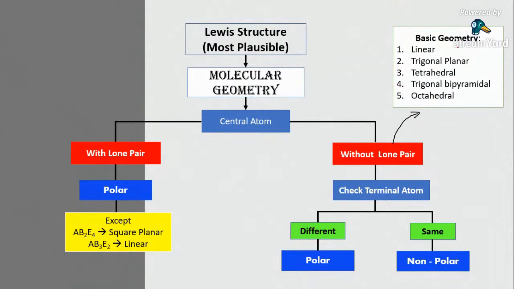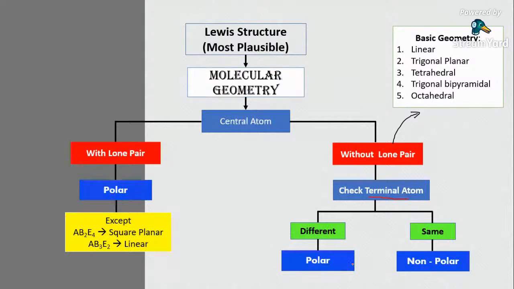If you get this structure, then you have to check the terminal atom. If the terminal atom is different, this is a polar molecule because the dipole moment is impossible to cancel. But if the terminal atom is the same, then for sure this is non-polar.